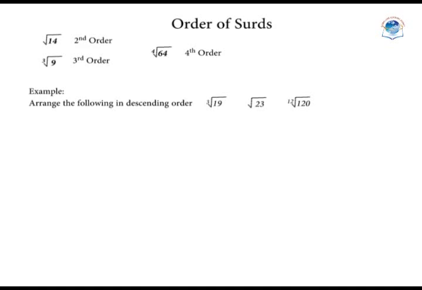The LCM of 3, 2, and 4 is 12. And therefore, cube root of 19 can be expressed as 19 raised to power 1 over 3. We need to make the denominator of the index 12. And so 19 raised to power a third is also equal to 19 raised to power 4 over 12.